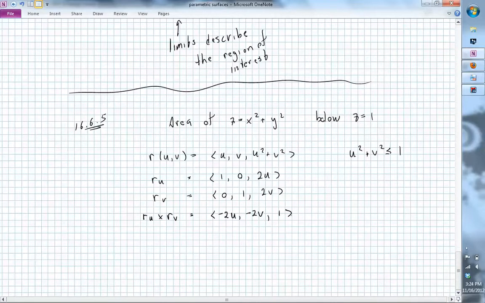Now I don't want the cross product, I want the magnitude of the cross product. It would be, but the middle coordinate comes with a minus sign. That's okay, Sarah. I'm sure other people forgot. The magnitude of that guy is the square root of 4u squared plus 4v squared plus 1, right?